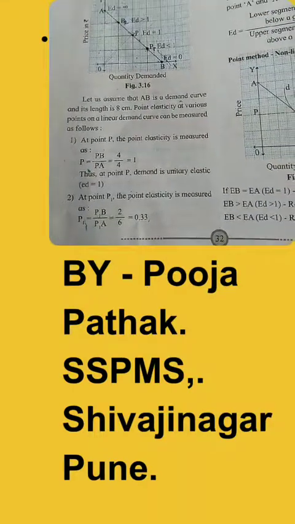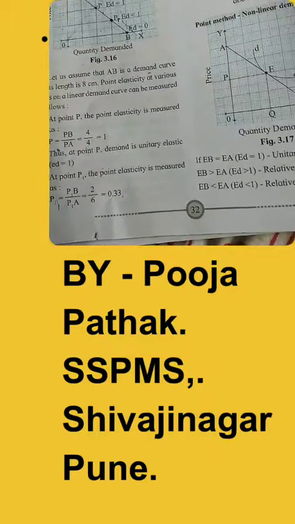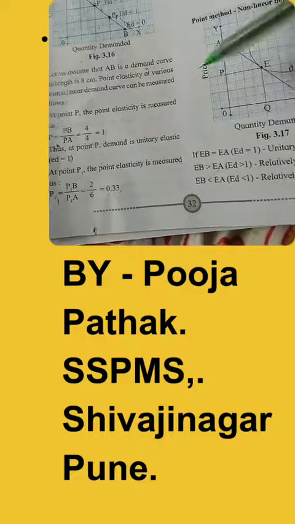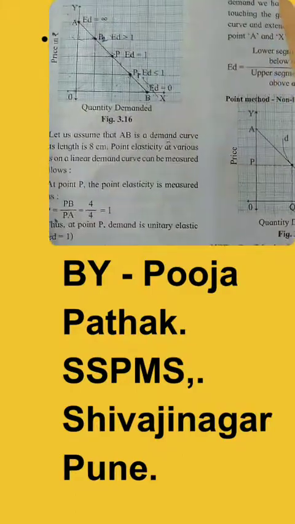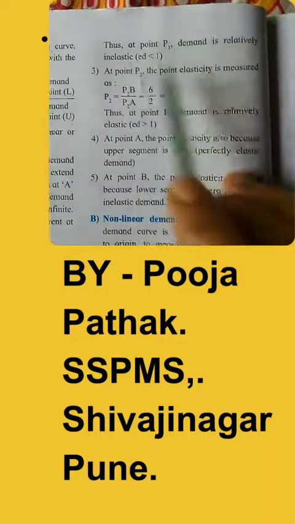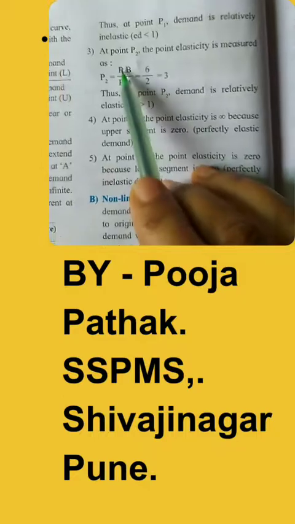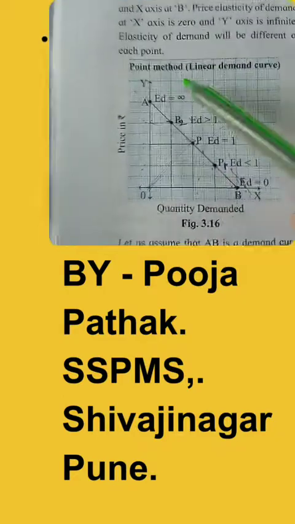So this is a case of relatively inelastic demand. At point P1, demand is relatively inelastic, ED is smaller than 1. Now let us come to point P2.